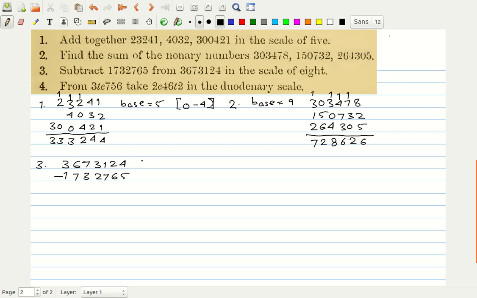Okay, we have to subtract this. And what is the base? Base is equal to 8. Right? Now we have to simply do the opposite.